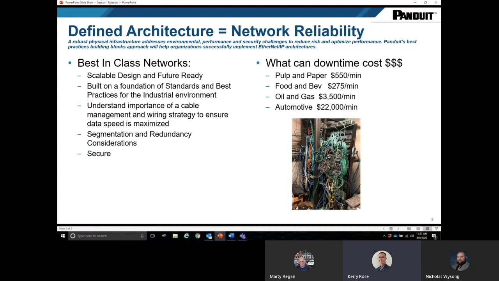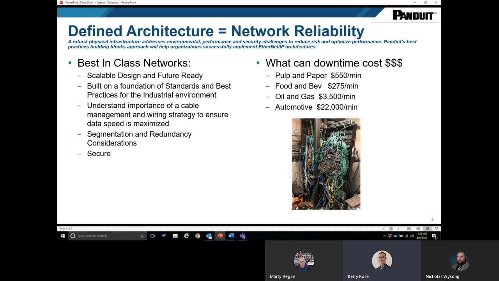One of the considerations of the best practices is maintaining and ensuring cable management and a wiring strategy. What this really does is it maximizes the investment that you make into the cabling infrastructure such that it'll support and ensure your applications and data speeds.